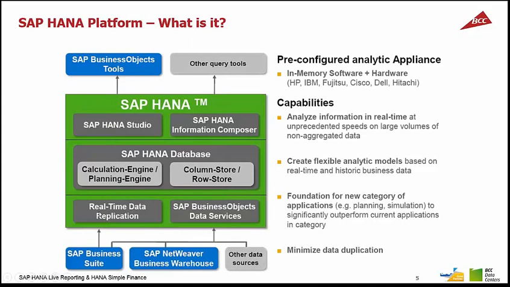This is a real-time data replication server used to replicate tables from any database or SAP system to SAP HANA, and also Business Objects Data Services, a very powerful ETL tool used for extraction, transformation and loading, that you probably know from your SAP architecture.